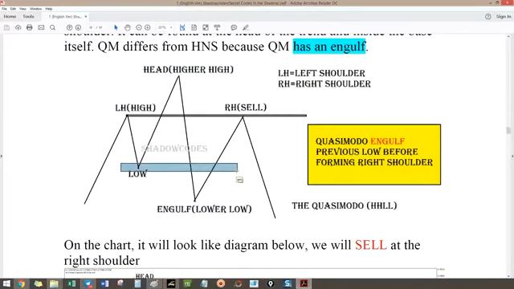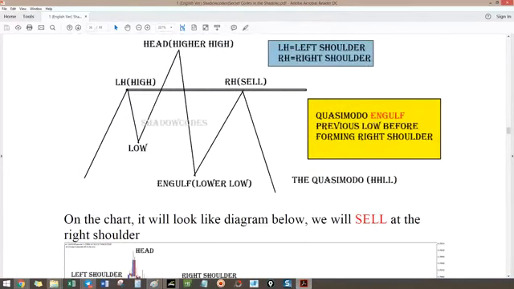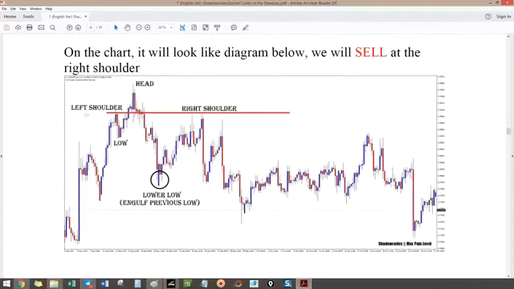Look, it engulfs its previous demand. Its previous demand has already been engulfed. Go to the right shoulder and then drops. Okay, this is wrong. This will be S. This should also be S. Okay, Quasimodo engulfs previous low before forming right shoulder. Right, so it will be something like this.